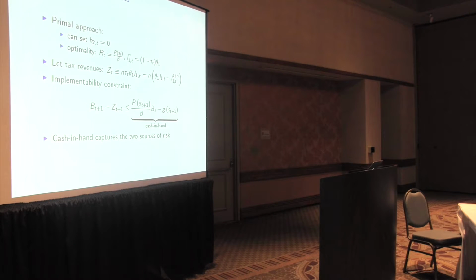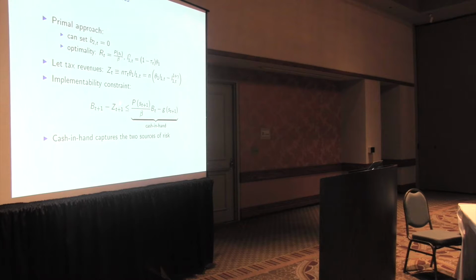So we are going to follow the traditional way of looking at optimal taxation problems and go to a primal approach. What I mean by a primal approach is we're going to replace taxes and prices from agents' budget constraints using the optimality constraint and recast the government's maximization problem only in terms of allocations.